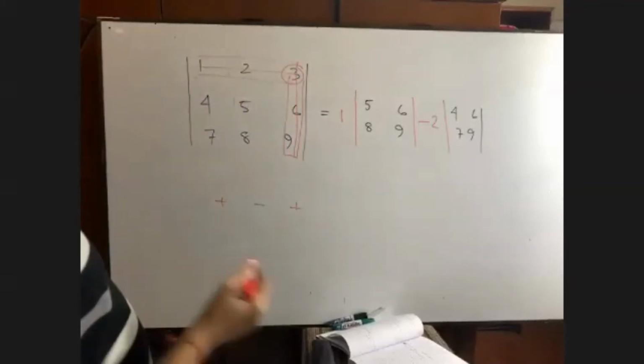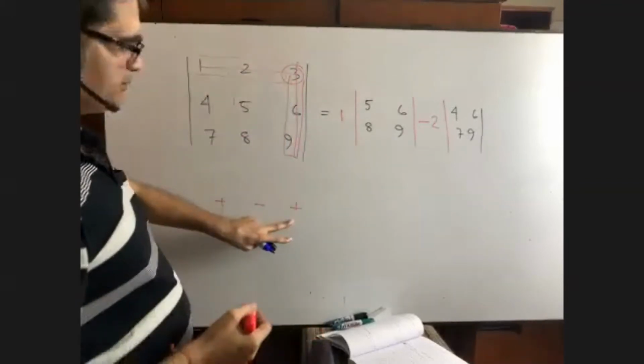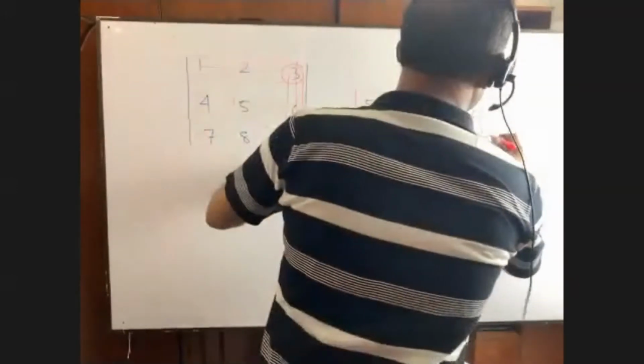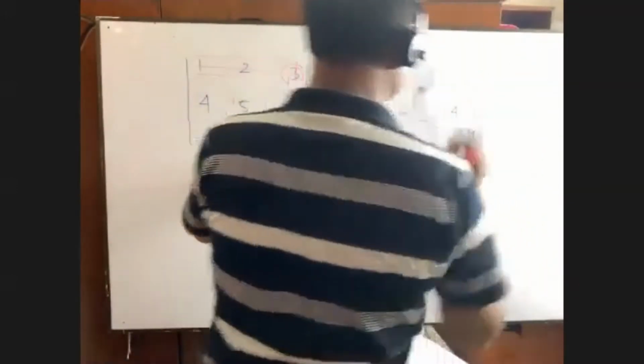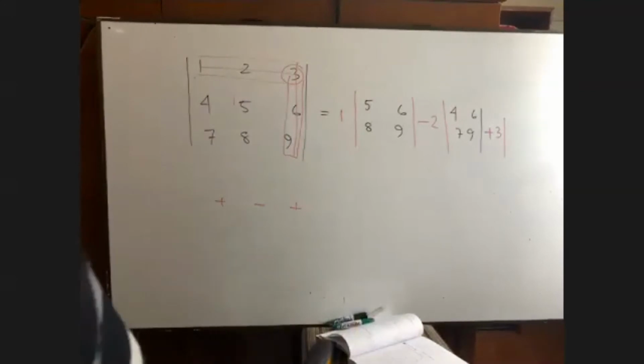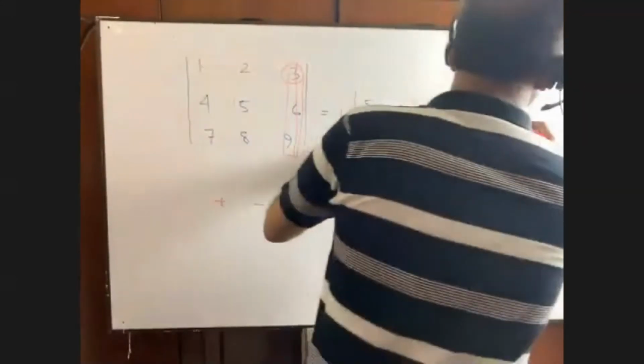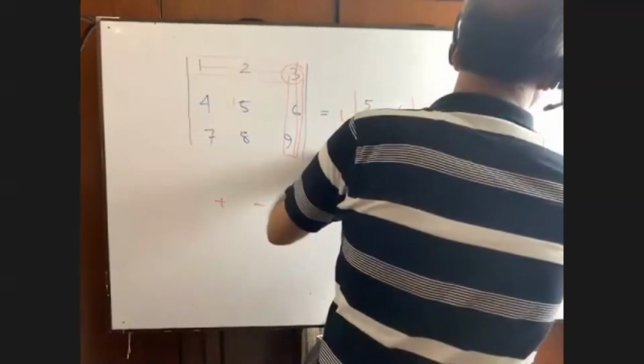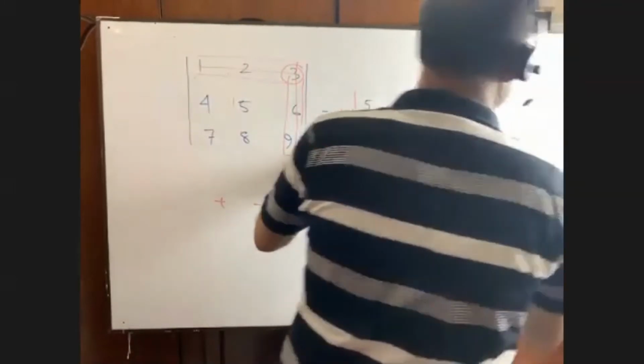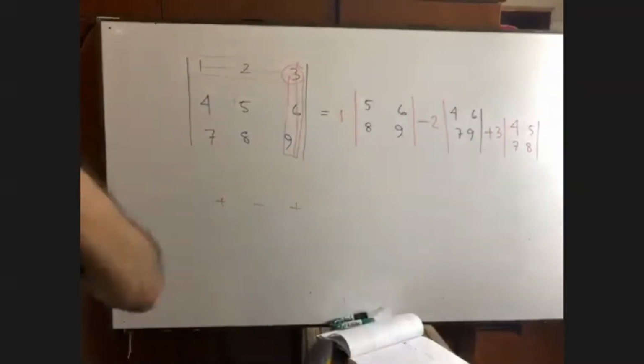Okay, so here position value is positive. So this is positive 3. Now what is left here? 4, 5, 7, 8.